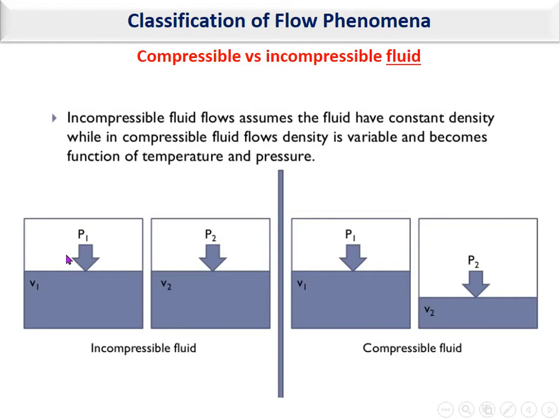So if a fluid is incompressible, like the one you can see here on the left, applying pressure does not change the volume, and if the volume does not change, then the density is the same or constant. So if the density of a fluid is constant, then we name it an incompressible fluid.